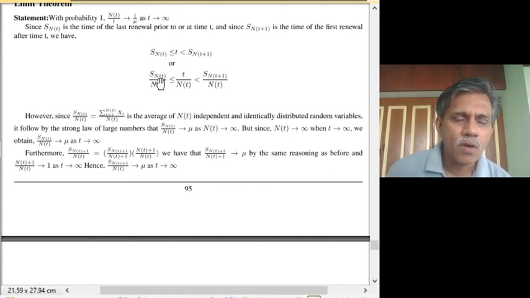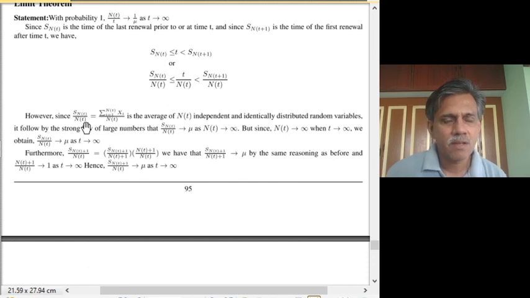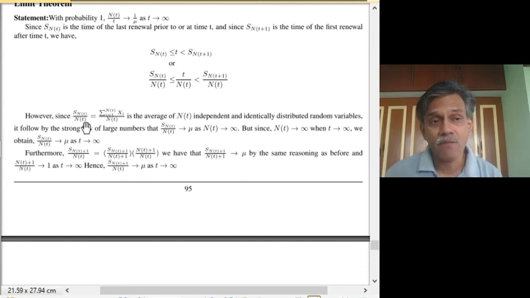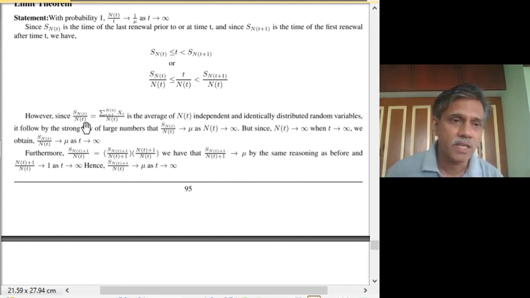So what we have here is that using this relation, we will divide this inequality by N of t. So S of N of t by N of t is less than or equal to t divided by N of t, like this one. Let us take a look at this first factor. What is S of N of t? It is the time at which the renewal denoted as N of t will occur.